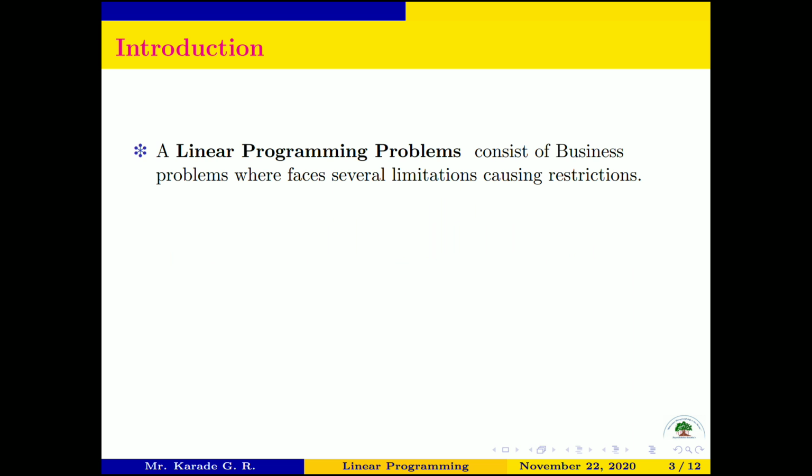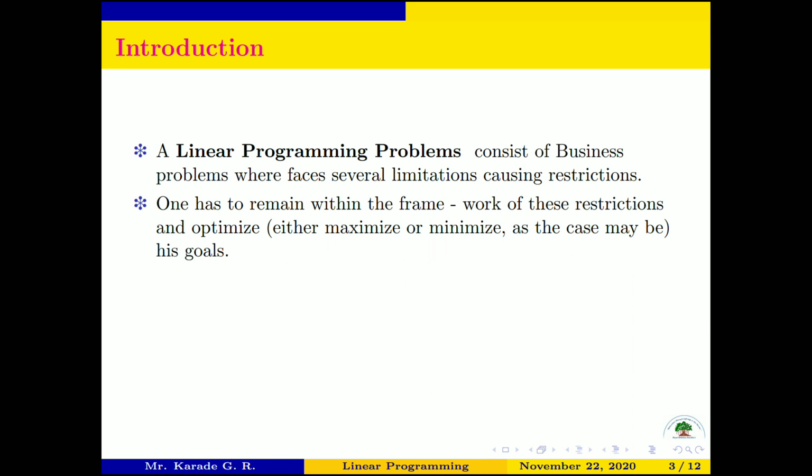A linear programming problem consists of business problems where one faces several limitations causing restrictions. One has to remain within the framework of these restrictions and optimize. Optimize means either maximize or minimize, as the case may be, his goal.